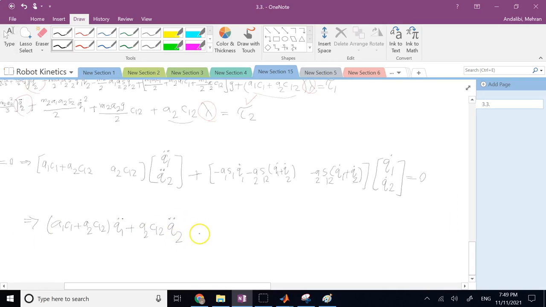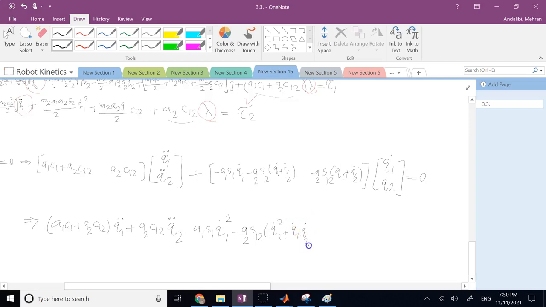then negative a1 s1 q1 dot squared, negative a2 s12 times q1 dot squared plus q1 dot q2 dot.